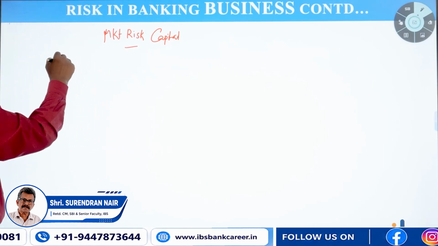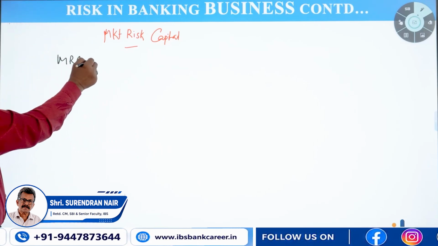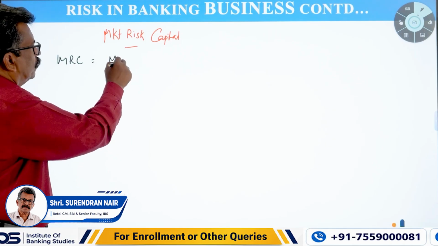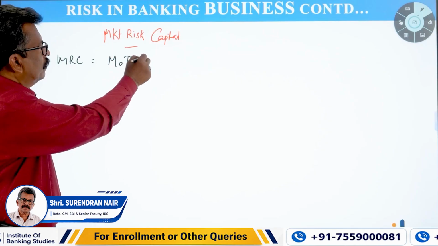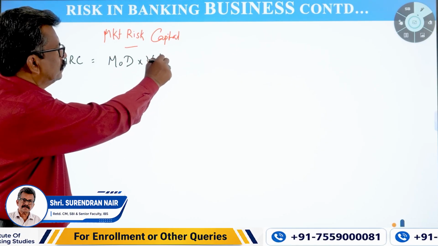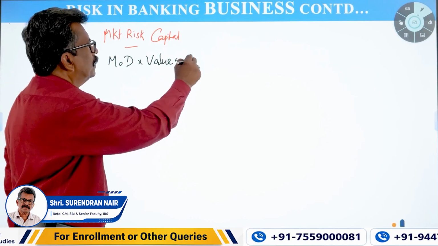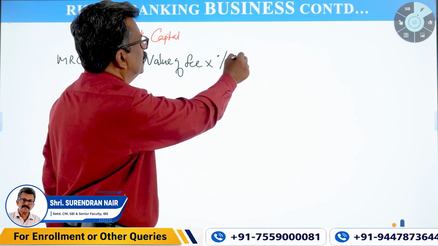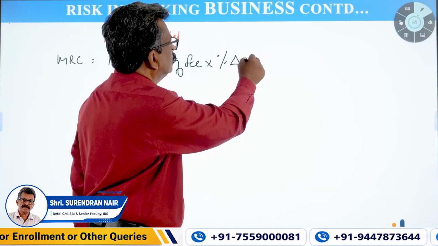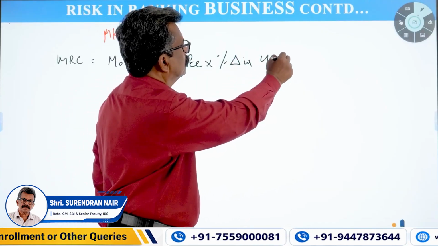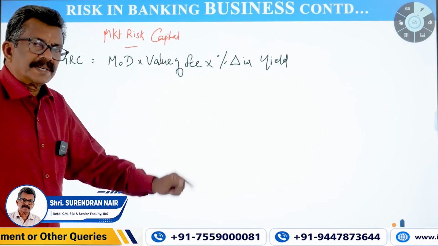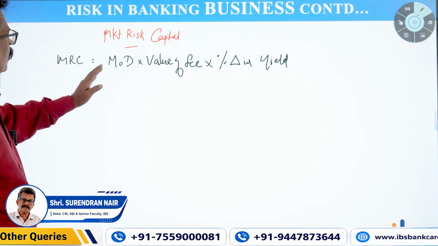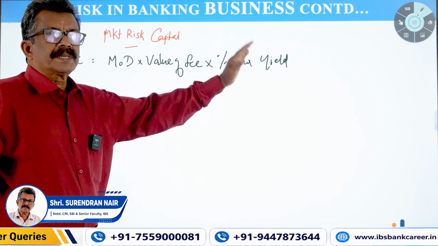MRC, market risk capital, is equal to MOD, modified duration, into value of security, into percentage change in yield. This is the formula which we learned in the last session. So, we use this formula: modified duration, value of security, percentage change in yield.